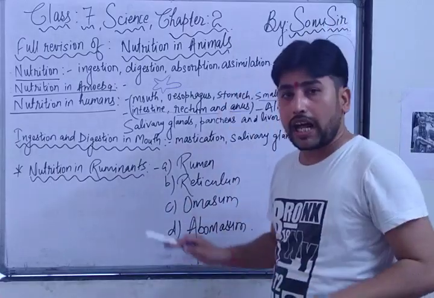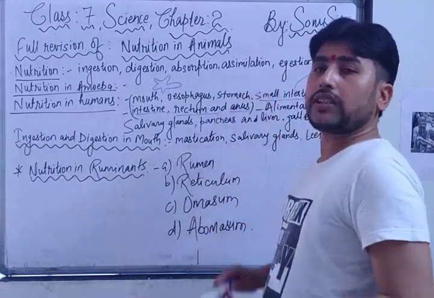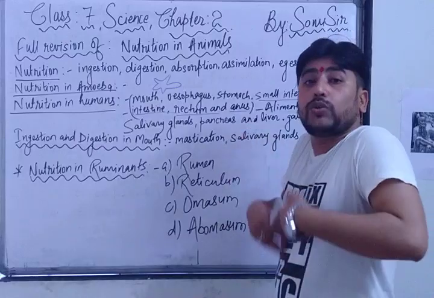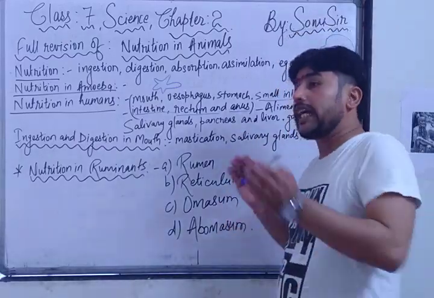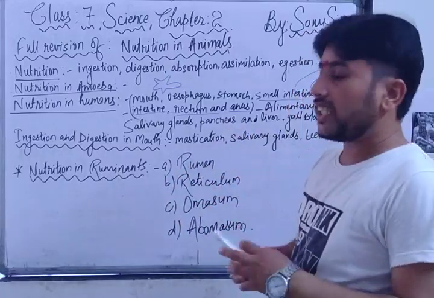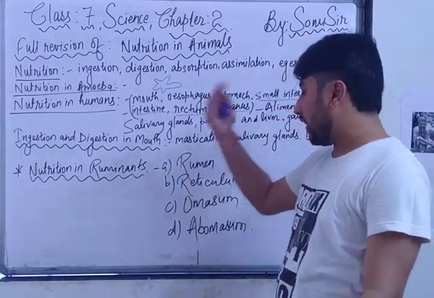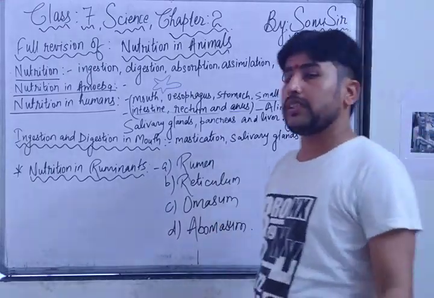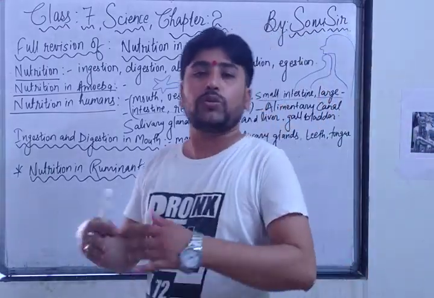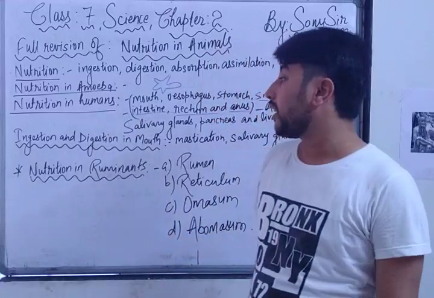Now the herbivorous animals sit down, and after sitting they bring that half chewed food back to their mouth in the form of curd, and again chew and digest the food, and then send it to the omasum, and after the omasum to the abomasum, then small intestine, large intestine, and through the anus waste material is removed.